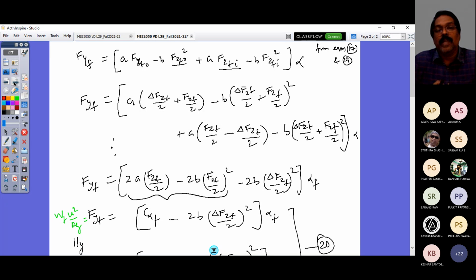In that process, we defined the roll stiffness of the suspension, which can be expressed in terms of the vertical stiffness of your suspension. And then the sprung mass rolls about the roll center or the roll axis, as we have seen.